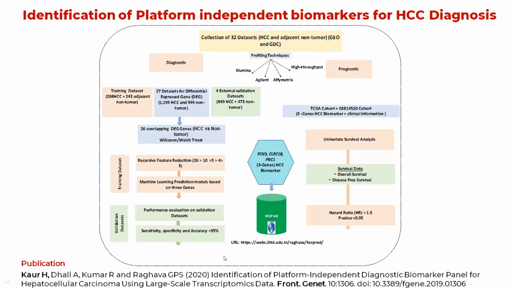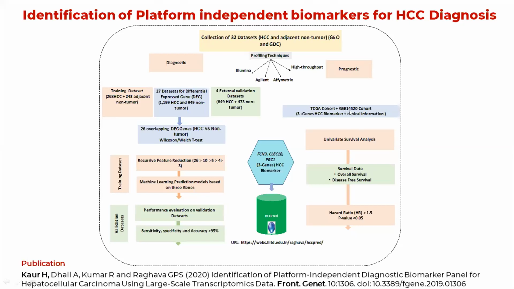After assessing its diagnostic potential, we want to assess its prognostic potential. We want to understand whether these genes are able to predict the prognosis of the patients, that is, whether it can predict patients with a higher survival rate or patients with a lower survival rate. For this, we have taken 2 cohorts. One is from the TCGA, the Cancer Genome Atlas, for liver cancer.